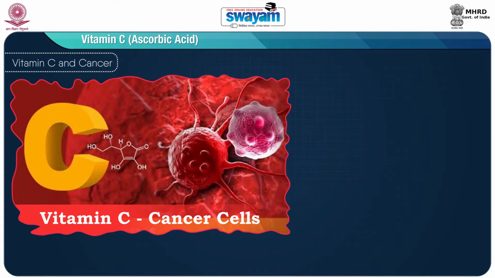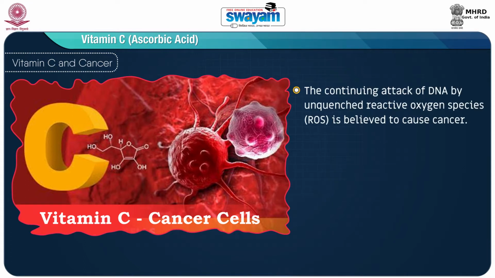Now, with this brief information on physiological roles of vitamin C, let us see what are the health benefits. Vitamin C as related to cancer: the continuing attack of DNA by unquenched reactive oxygen species is believed to be the major cause of cancer.